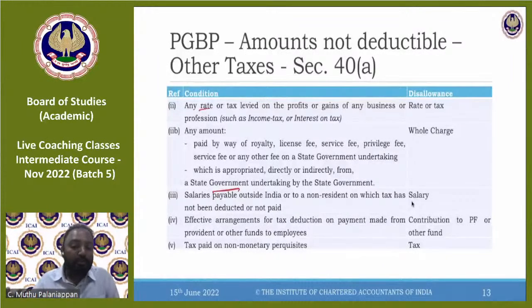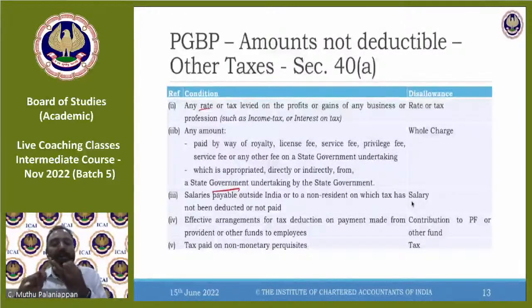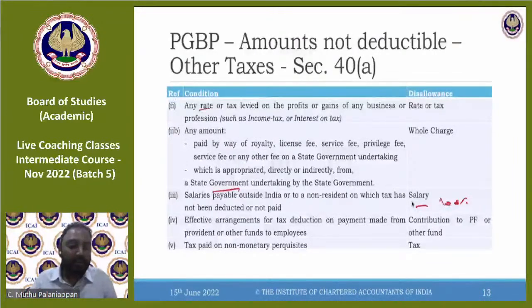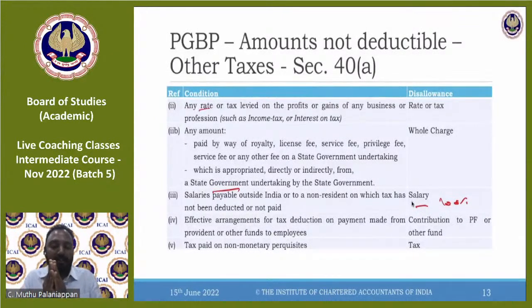Salaries payable outside India on which tax has not been deducted, that is also not allowed. So earlier we saw interest, royalty, technical services. Now we are seeing salaries payable outside India. So here, 100% of salary is not allowed as an expenditure. Then, arrangements for tax deduction on payment made from provident fund or other funds to employees. Typically, whenever I'm making any payment to employees, I should make sure TDS is deducted on that.